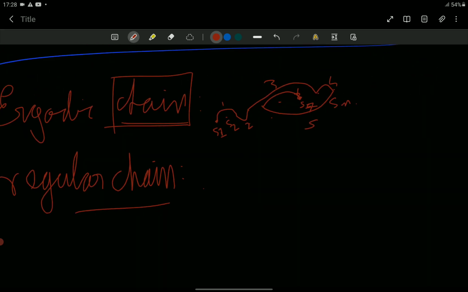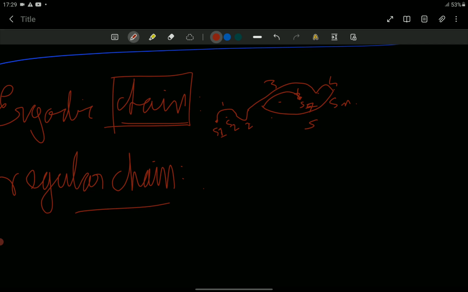A regular chain is again a chain wherein after some n number of time units, there is some positive probability of you going from Si to Sj, where i and j run over all the possible states. So that is what a regular chain means.